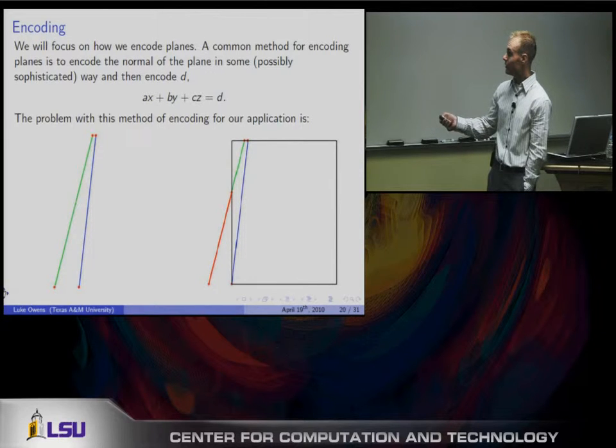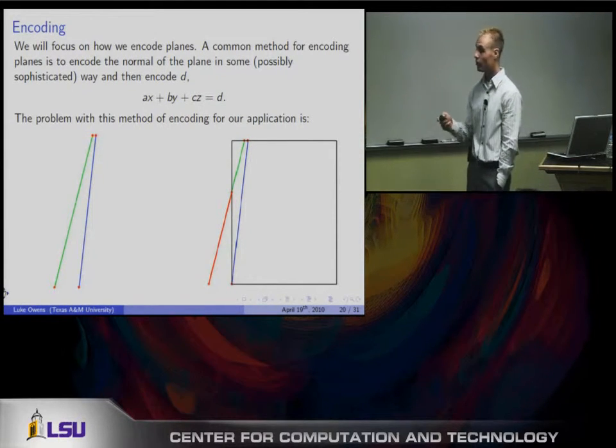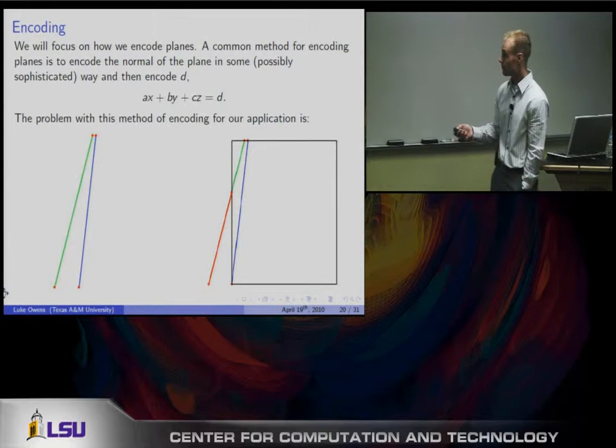And then this blue is close to the green, but it remains in the cube a lot longer. So its plane to points Hausdorff distance just blew up, right? Because we didn't cut it off at all. So now we need some other approach, because a tiny change in the normal can keep our encoded plane in the dyadic cube when really the real plane cut off that dyadic cube very quickly, which is why the two-sided Hausdorff was minimized.